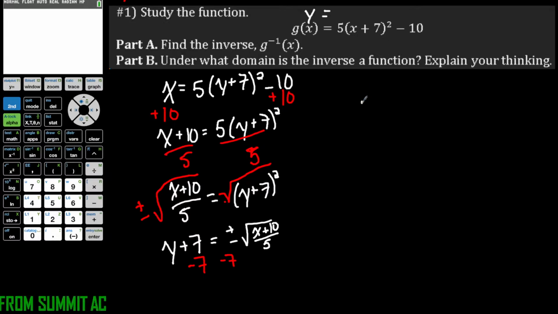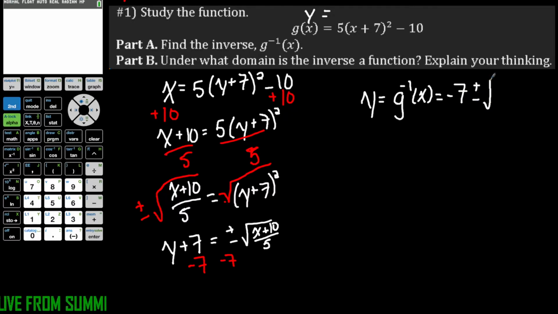I should have y equals, which is the same as your inverse. So you're saying that's going to be g to the negative 1 of x. That's just saying inverse. And then our function is negative 7 plus or minus the square root of x plus 10 all over 5.